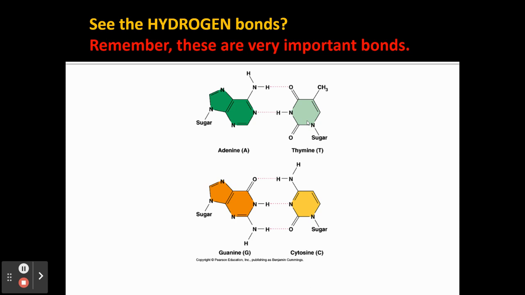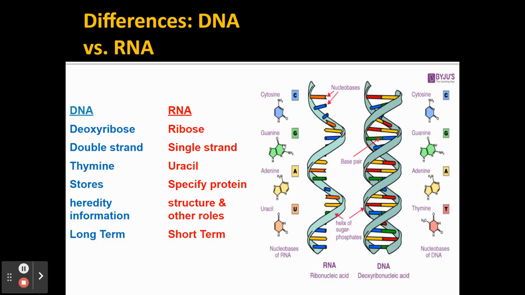That keeps the width of the 2 strands constant, because think about it, if we had 2 purines, 2 double ring structures paired with each other, the strands would be far apart, and then if we had 2 pyrimidine single ring structures paired with each other, the strands would be really close together. So by having a purine and a pyrimidine always pairing, that keeps those 2 strands at a constant distance apart.